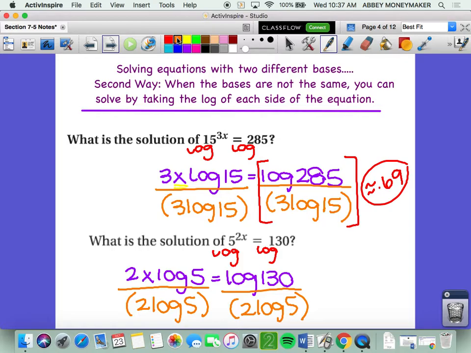On this one, compare with some people around you, okay, before we call out the answer. What you got? 1.5 what? 1.51?